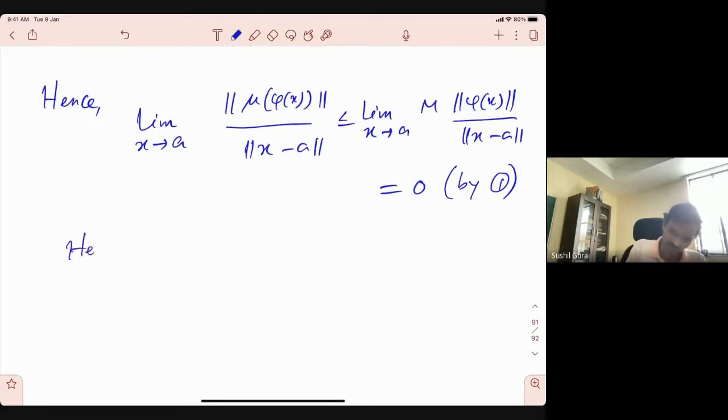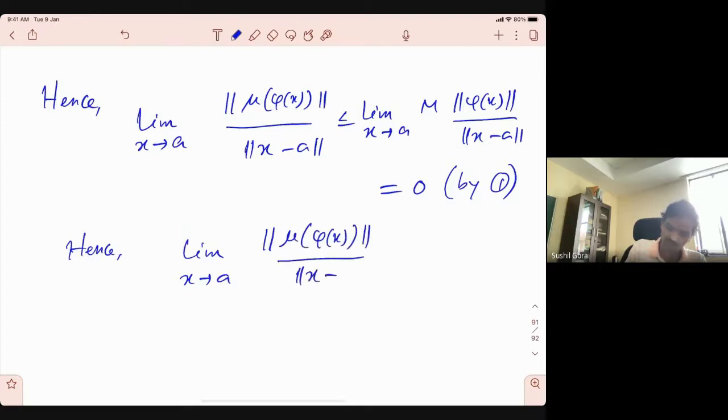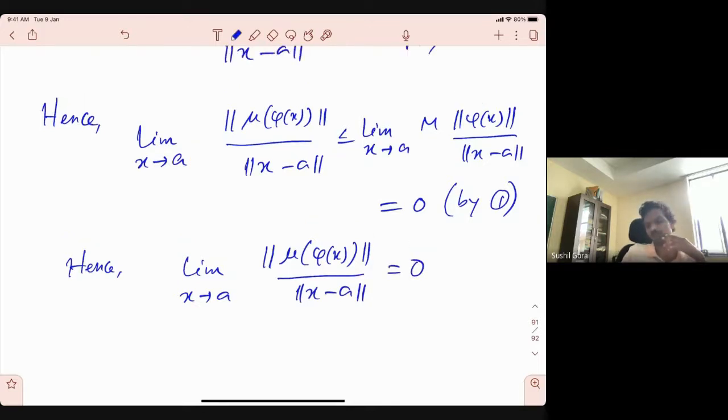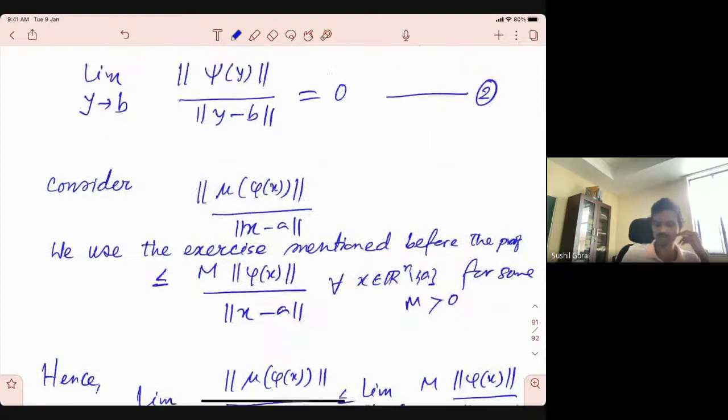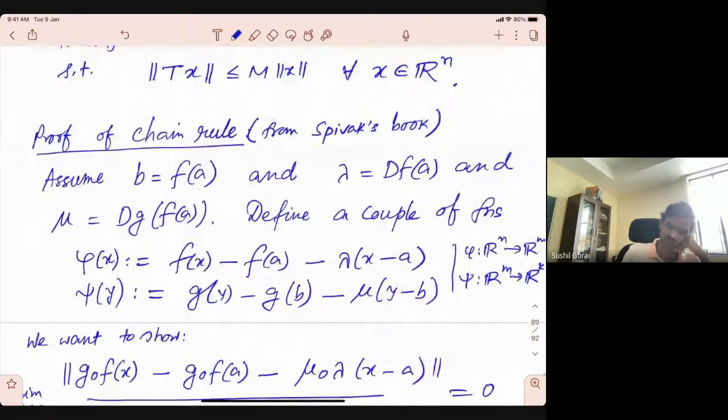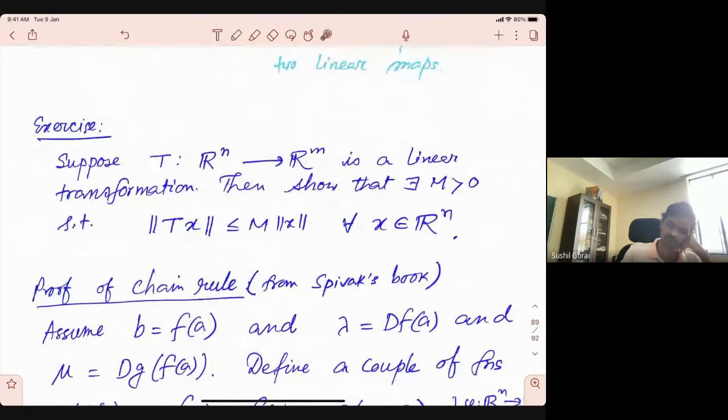Hence the limit of mu of phi(x) by the norm of x minus a is 0. So we just used the exercise here.